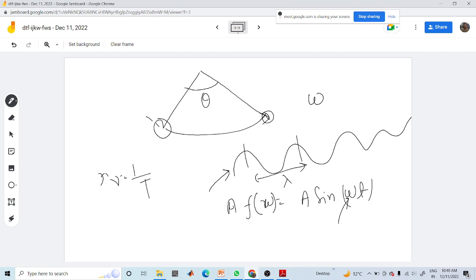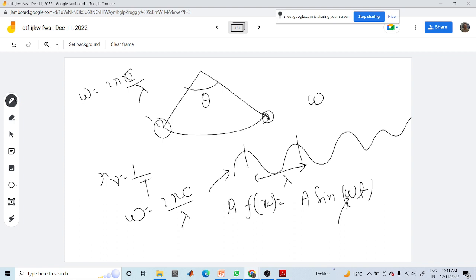Omega is equal to 2 pi upon T, which is 2 pi c by lambda, because in one rotation we have 2 pi. Now omega is equal to 2 pi nu, where nu is equal to c upon lambda, as you know from modern physics.